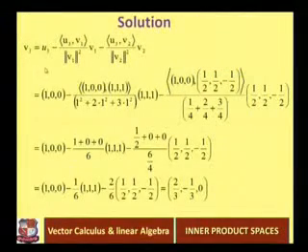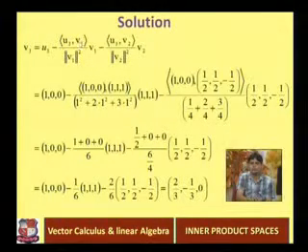And for the last element v3, use the equation u3 minus inner product of u3, v1 upon norm of v1 squared into v1 minus inner product of u3, v2 upon norm of v2 squared into v2. Again notice that here we use the given inner product function. Write the elements and use the function given in the example.